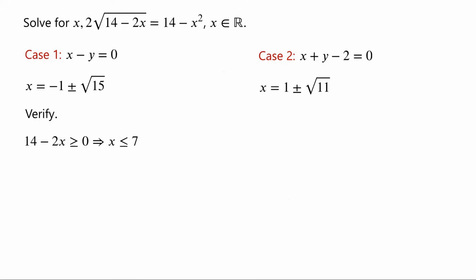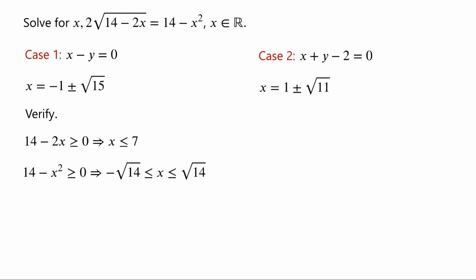As the left-hand side of the equation is non-negative, the right-hand side of the equation, 14 minus x squared, must be greater than or equal to 0. That is, x must be greater than or equal to negative root 14, and must be less than or equal to root 14. Overall, x is greater than or equal to negative root 14, and is less than or equal to root 14.